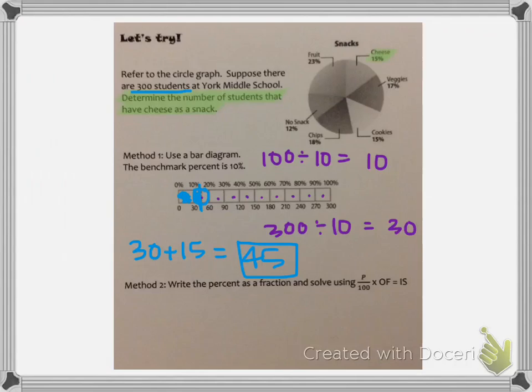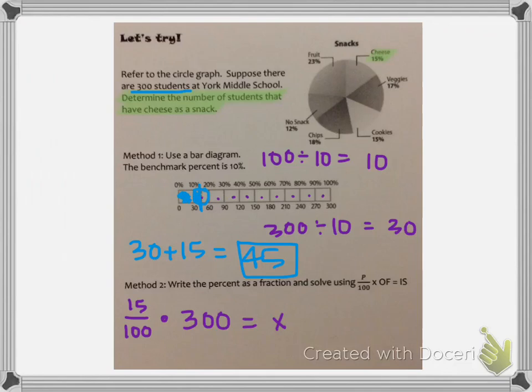Now, if you like to see it worked out in numbers, then we can use our formula, P over 100 times of equals is. Well, the percent is 15, and remember, P over 100 is simply us writing our percent as a fraction. So it's going to be 15 over 100 times, and then remember, of represents the whole number. So this is 15% of 300 is what? So we can put an X there because we don't know what that is.